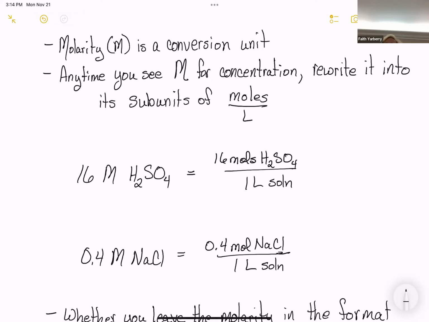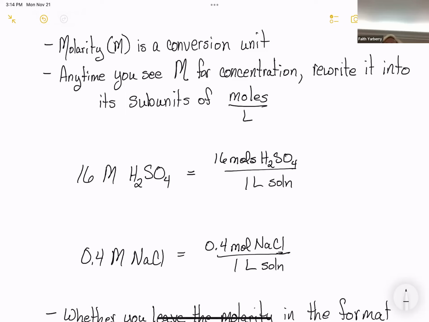But if you take the time to rewrite that concentration into its subunits, what you should be able to see is that this looks like a conversion factor. Because all of the conversion factors we've talked about from the beginning have been fractions.